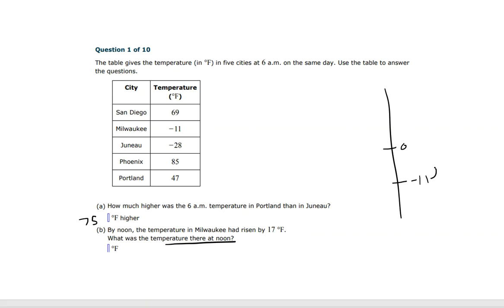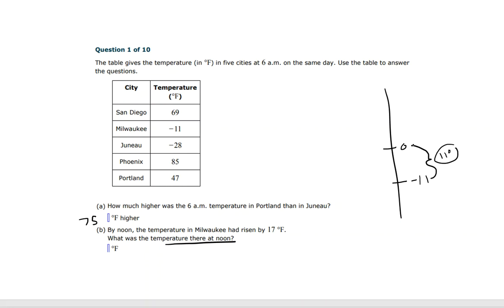So from here to here, that means it's going to increase by 11 degrees, right? To go from a negative 11 to 0. Negative 11 to negative 10 to negative 9 to negative 8 to negative 7 to negative 6, negative 5. So that is 11 degrees. Hopefully that makes sense. Okay, so the change would be 11 degrees to get to 0.